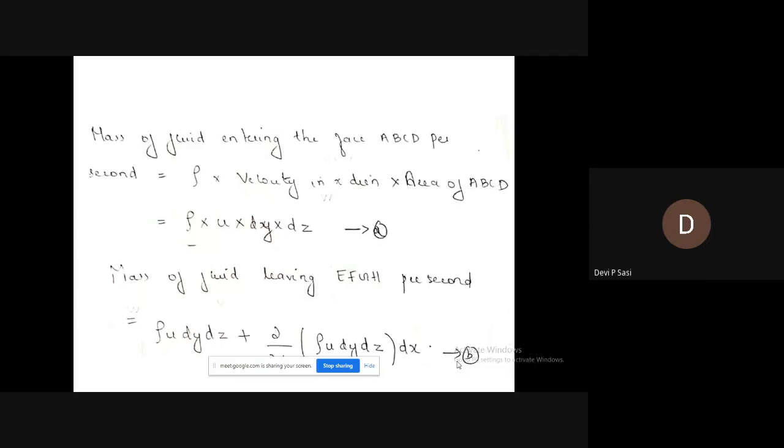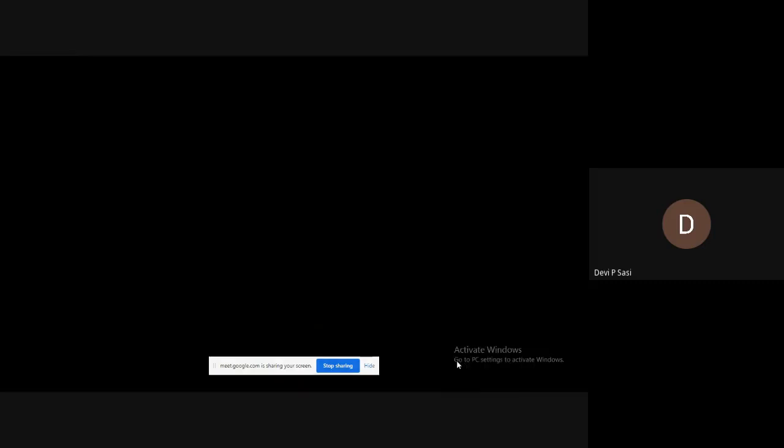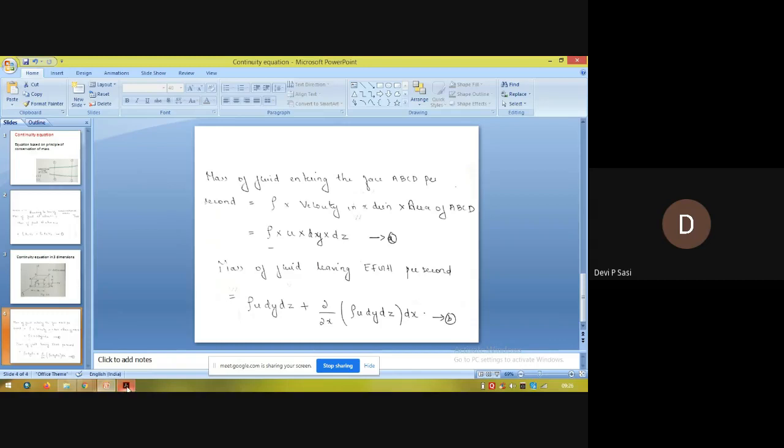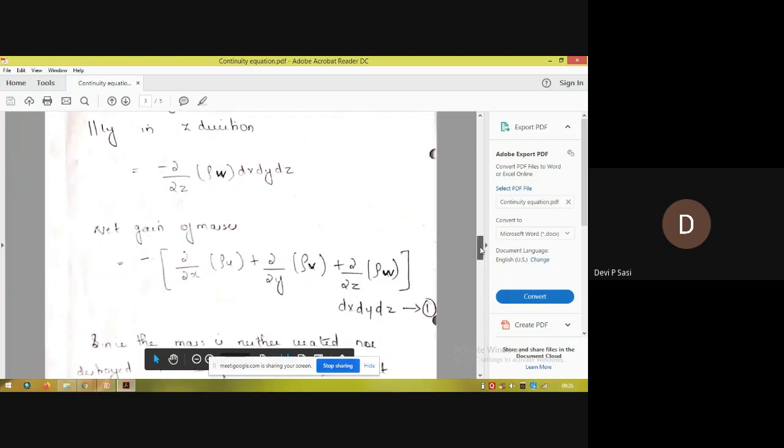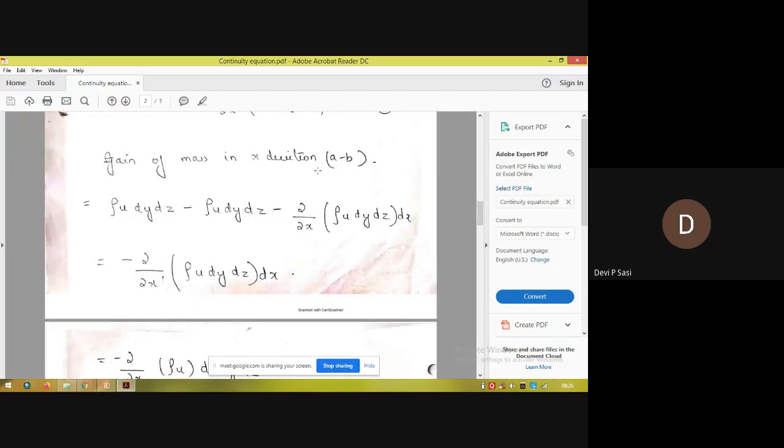Now, what will be the gain of mass in x direction? The gain of mass will be the difference between equation A and equation B. So gain of mass in x direction is equal to A minus B. Substituting, rho into u into dy dz minus rho into u into dy dz minus dou by dou x of rho into u into dy dz into dx.